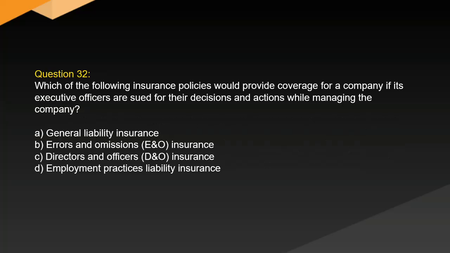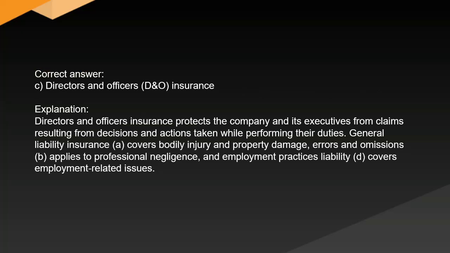Question 32. Which of the following insurance policies would provide coverage for a company if its executive officers are sued for their decisions and actions while managing the company? A. General liability insurance. B. Errors and omissions (E&O) insurance. C. Directors and officers (D&O) insurance. D. Employment practices liability insurance. Correct answer: C, Directors and officers (D&O) insurance.